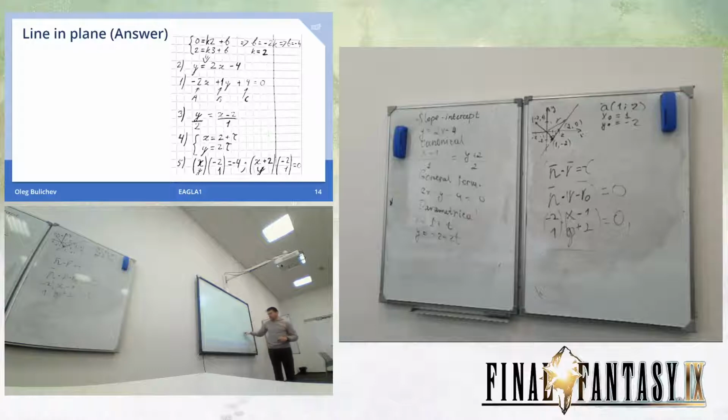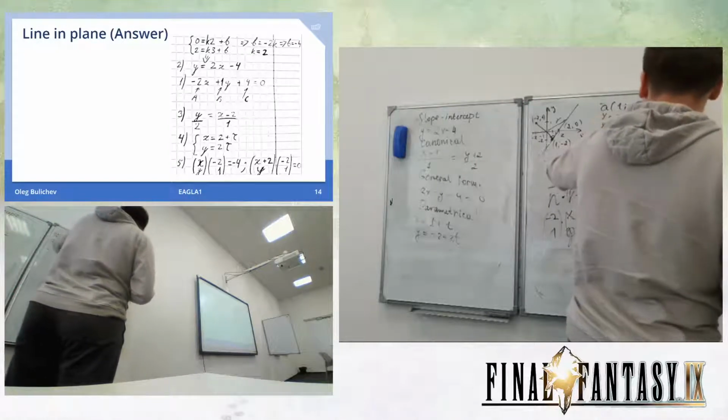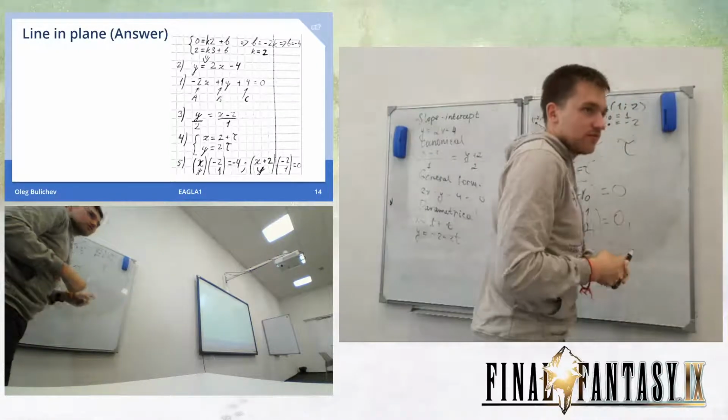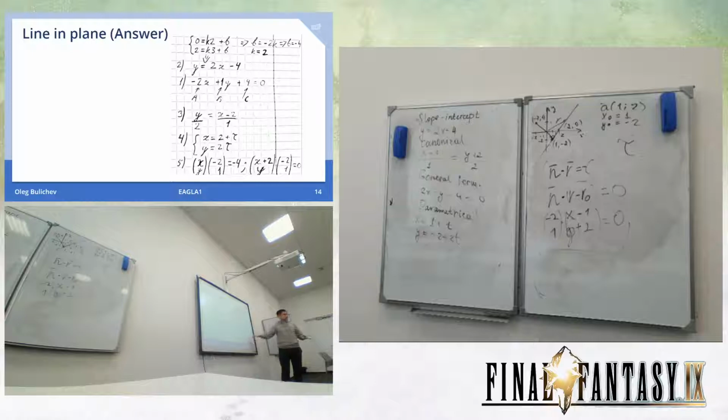So this parameter is called tau, you can draw it like this. And after this, I just wrote it like this, because we already know C, it's minus 4. You can receive this form or this form.